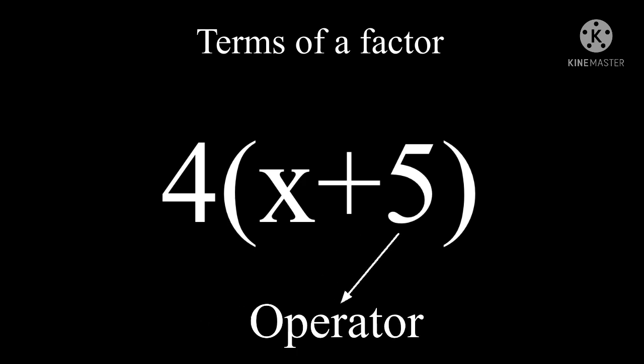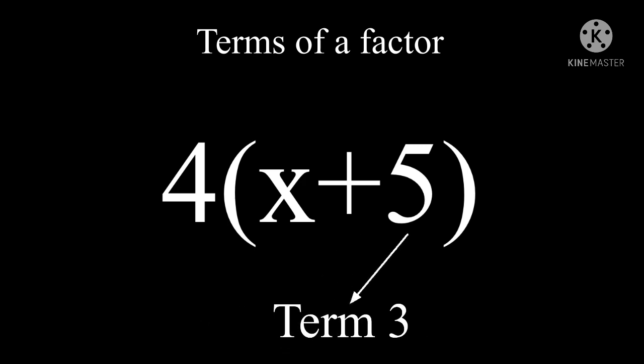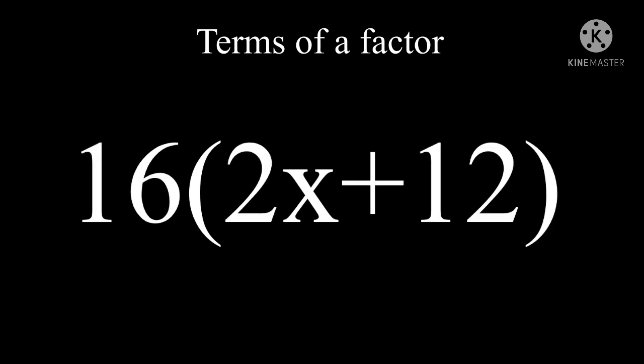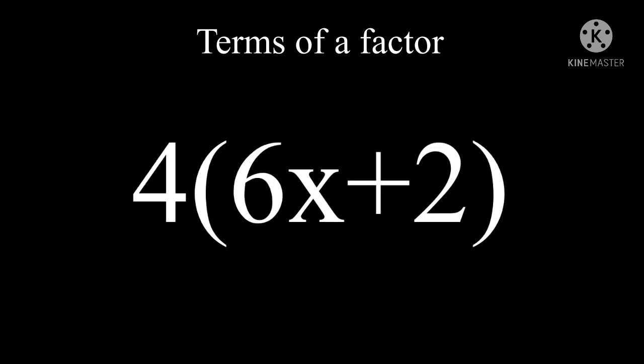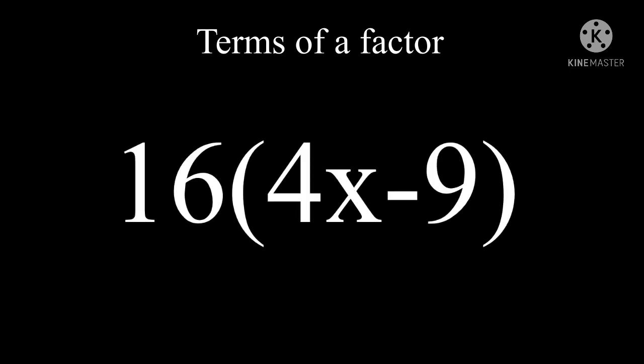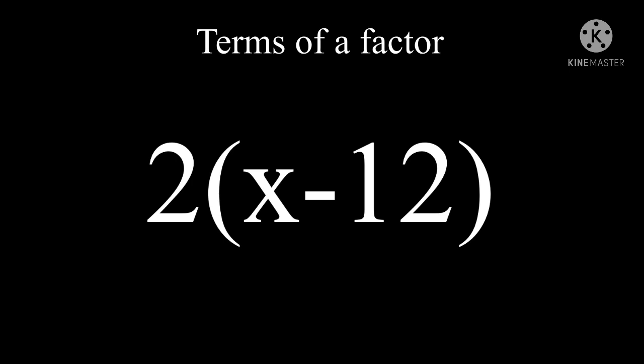So, then the third term is 5 in this example. It's important to be able to recognize what term number any number in a factor is to be able to understand what the problem or person is talking about.